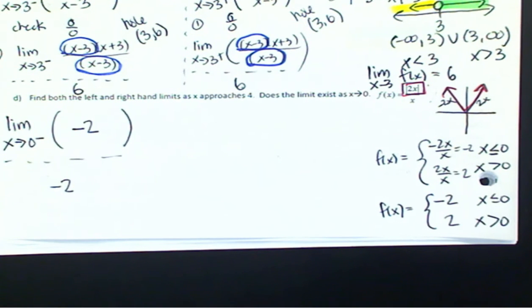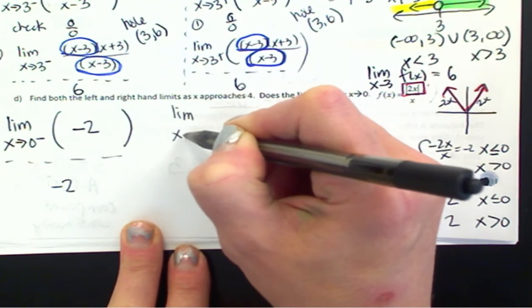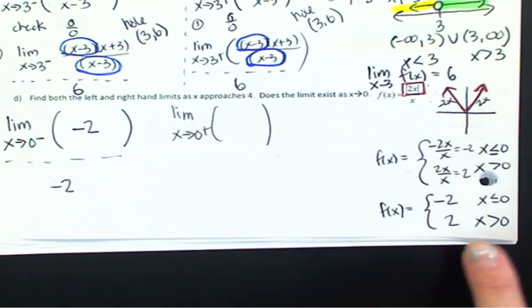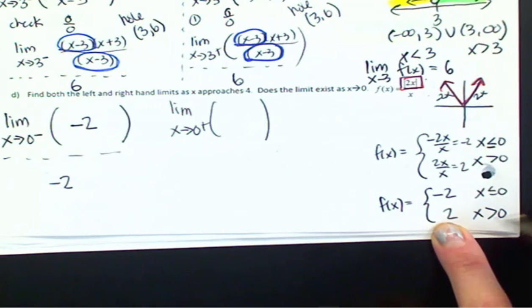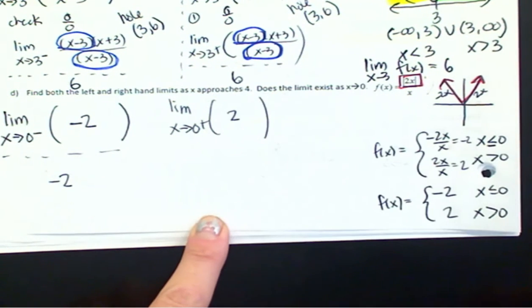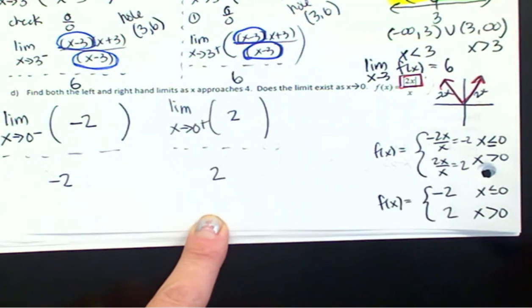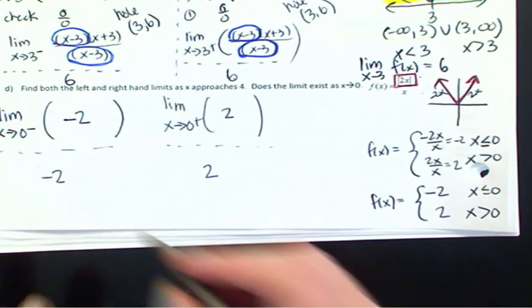It's just -2. The limit as x approaches 0 from the right. Well, on the right of 0, this reduced to +2. Check it by plugging in. Therefore, the limit does not exist.